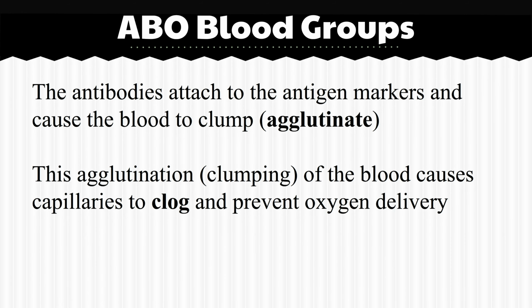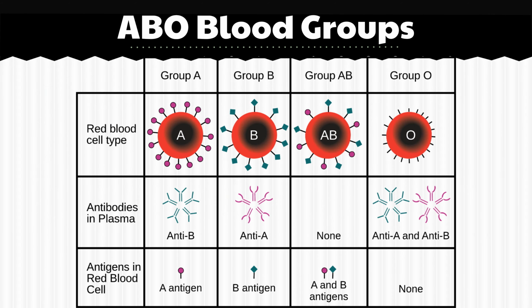The antibodies attach to antigen markers and cause the blood to clump. This agglutination, or clumping of the blood, clogs up our capillaries and prevents oxygen delivery, and that's why you almost get immediate death if you have the wrong blood type.